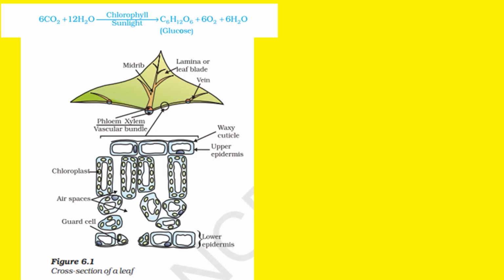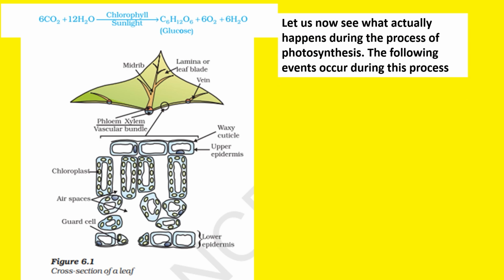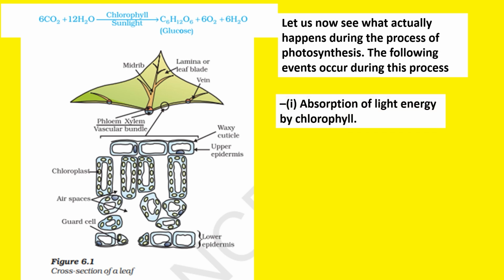Now let's see how the process of photosynthesis actually takes place. First, absorption of light energy by chlorophyll, the magical pigment. Here we have the chloroplast. Inside this chloroplast we have this pigment chlorophyll.